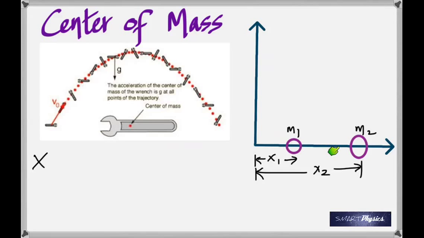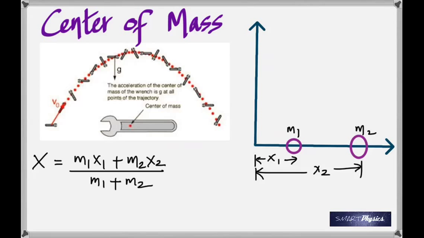Use your common sense and tell me, will it be closer to the heavier one or the lighter one? Heavier one, because essentially that's the point where you can balance it. So the center of mass is always going to be closer to the heavier one. But how do we actually define it? It's simple. Just take the product of the mass and the distance, add them up for each, and divide by the total mass.